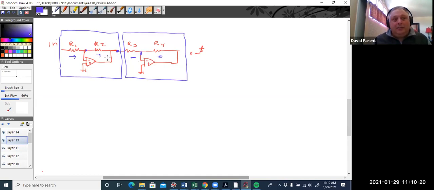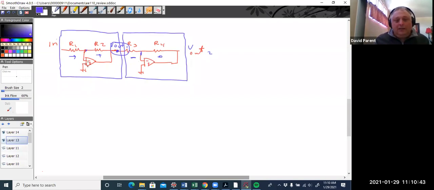you're going to be doing higher order systems where you're combining circuits together, right? So how would I solve this problem? I'll call that V out 1, and I'll call this V out 2.